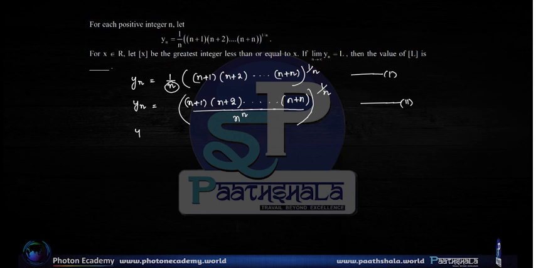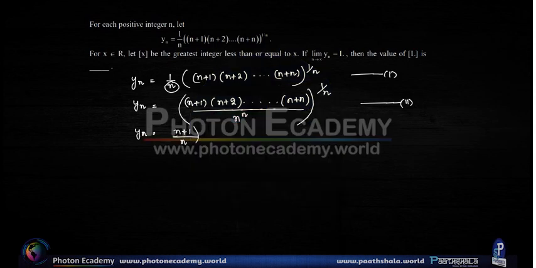Then we can write it as yn is equal to ((n+1)/n times (n+2)/n ... (n+n)/n) whole to the power 1 by n.